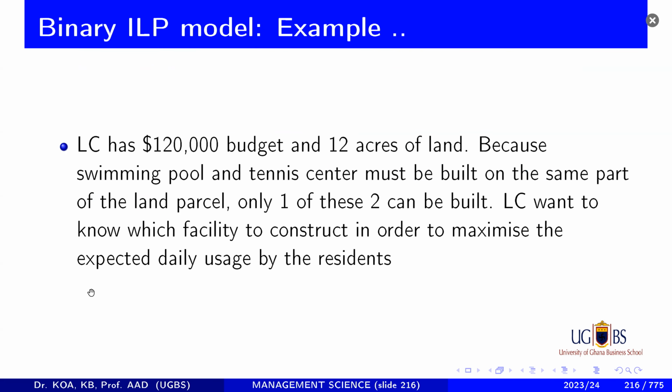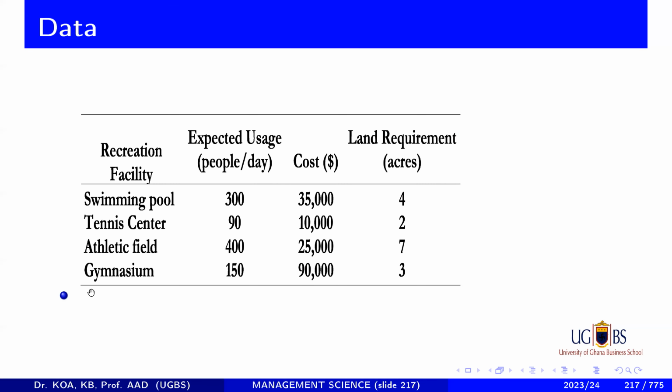Now, we need to write the objective function. And in writing the objective function, we need to use the information in the table here. So which of the columns are we going to use to write our Z-max?